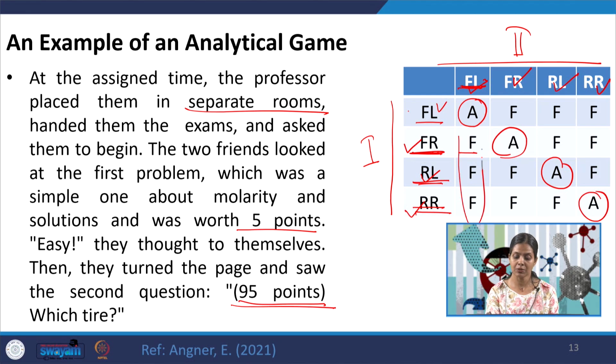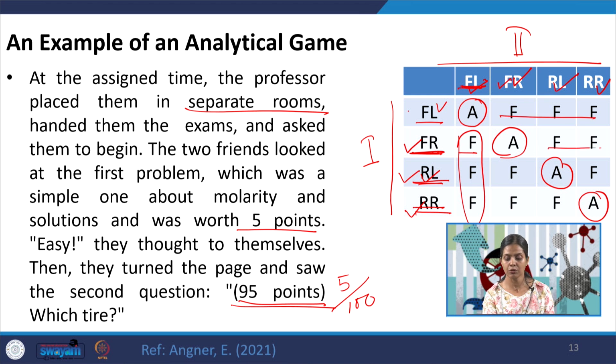In all such situations, their answers do not match and they are going to get 5 out of 100, which is as good as failing the exam. So, you can see that whenever their strategies are not matching with each other, in all those cells, I have put F, meaning they are going to fail. But generally this is not how we write the payoffs. I will come to the payoffs later.